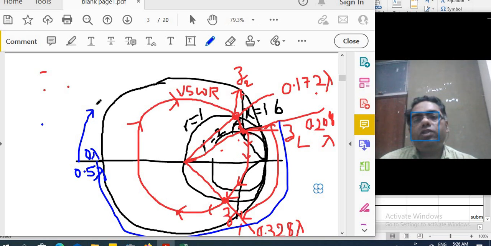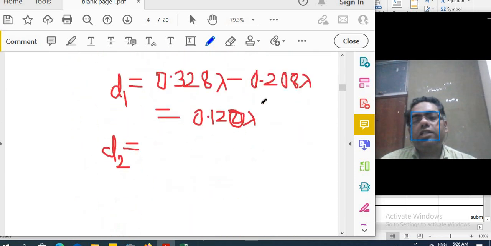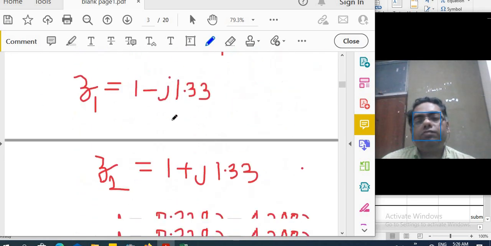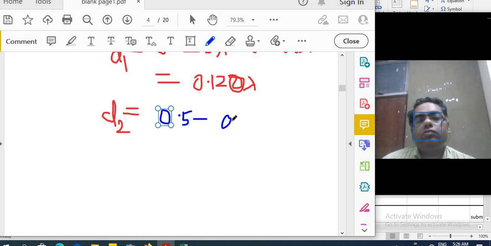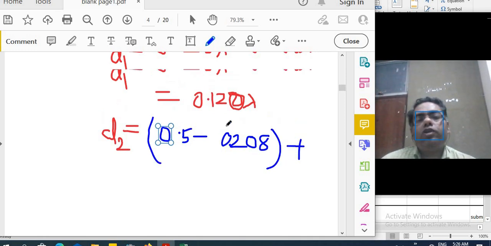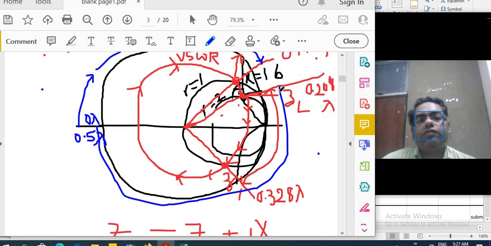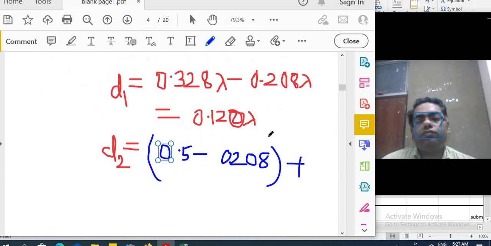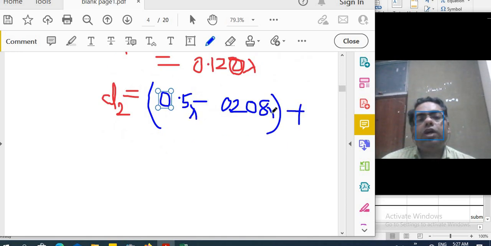So to get the second distance d2, we take 0.5 minus 0.208, which gives only this distance from here to here, and then again add 0.172 lambda.